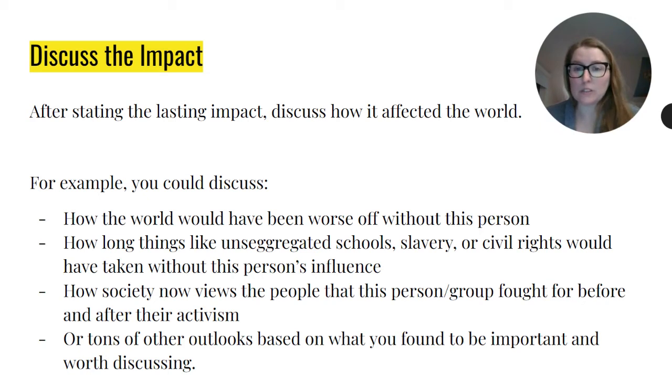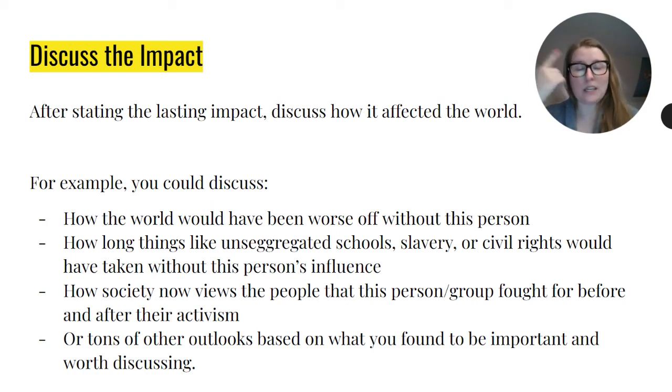So, some examples. You could discuss how the world would have been worse off with this person, how long things like unsegregated schools, slavery, or civil rights would have taken without this person's influence. Or another way that you could look at that is groups that may not have been as interested in taking action with those sorts of movements without this person.